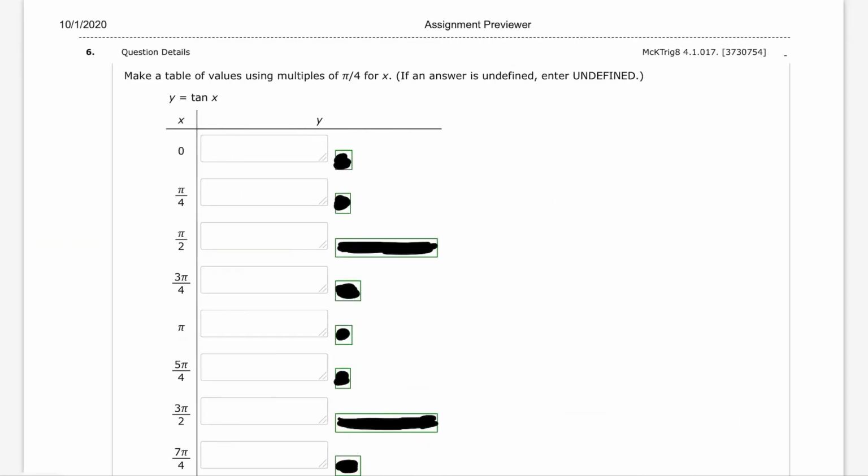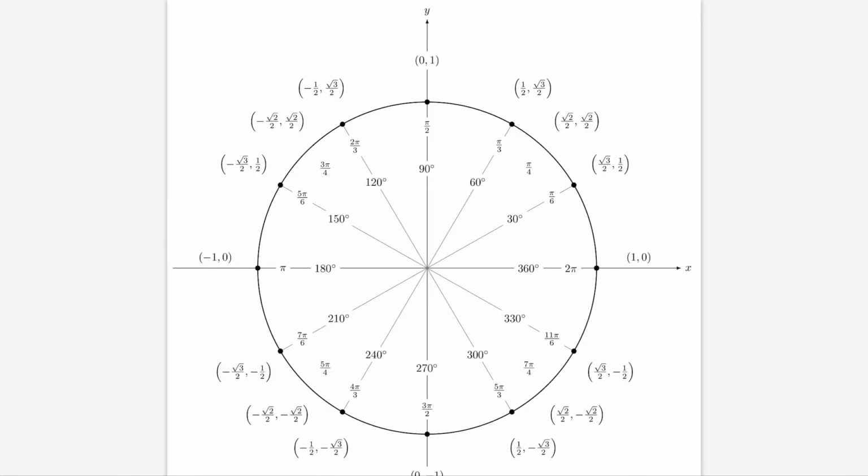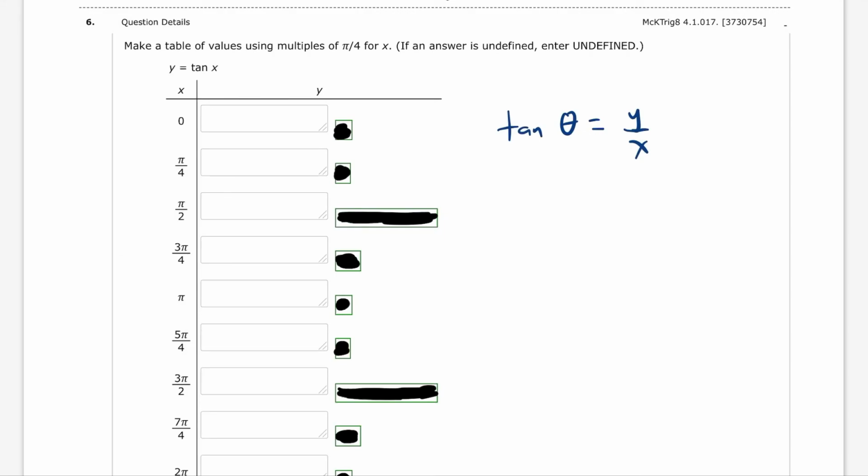All right. Same thing goes for this one. Let's just do a couple of these. The tangent of 0, if you recall, tangent is equal to y over x. So at 0, you have 0 over 1. 0 divided by 1 is 0. So this would be 0.